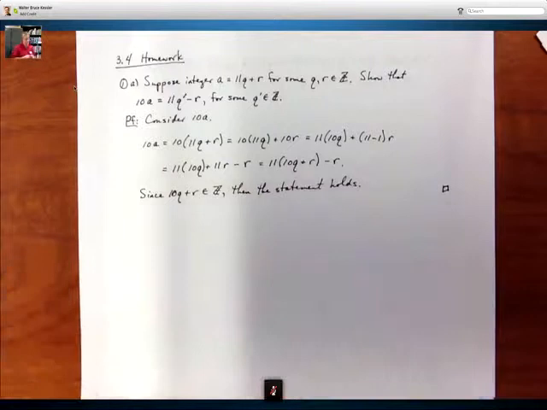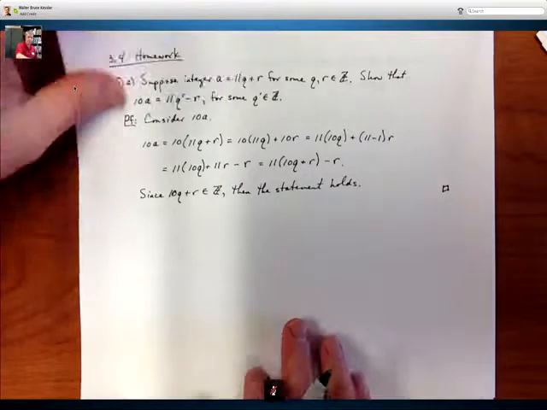If you want to, you can just say then let q prime equal 10q plus r, which is an integer. There you go. You got it. That was the 1a problem.